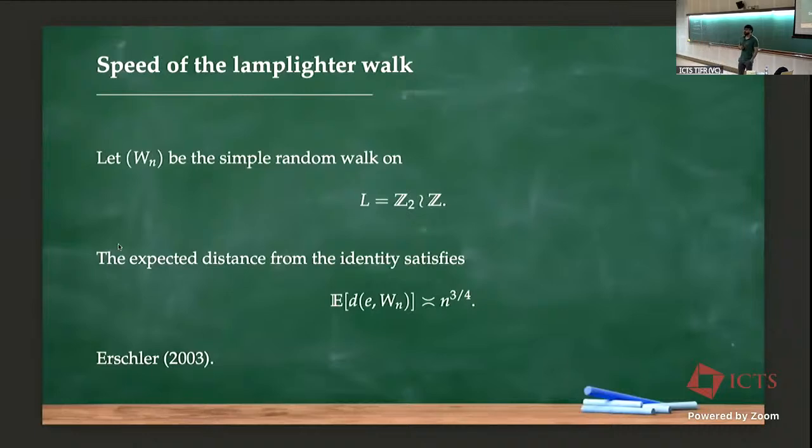The speed is n to the power 3/4 for this, and that's linked to the intricate geometry of this. Note that if the base group were non-amenable, then the speed would be positive, and therefore linear. In this case, the speed is n to the power 3/4.